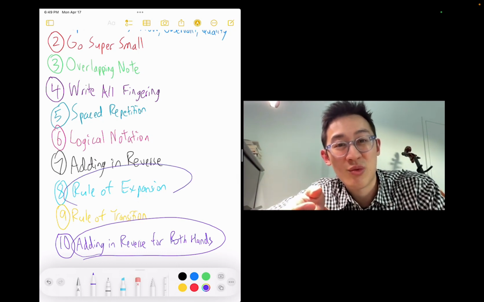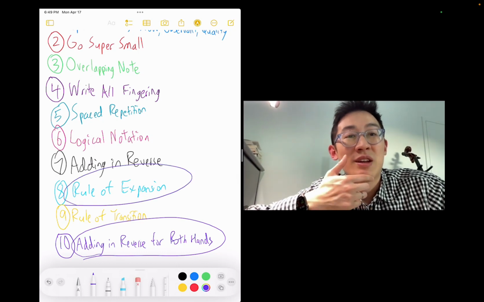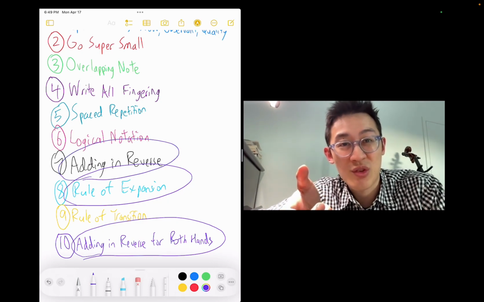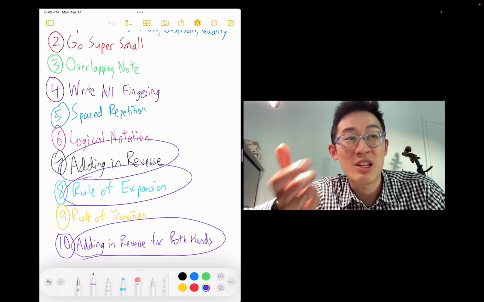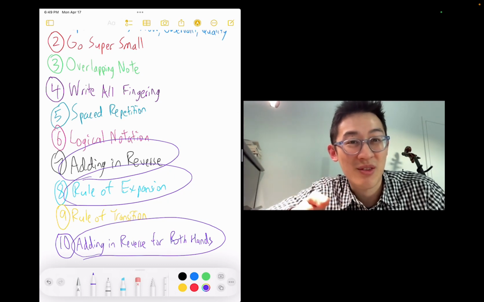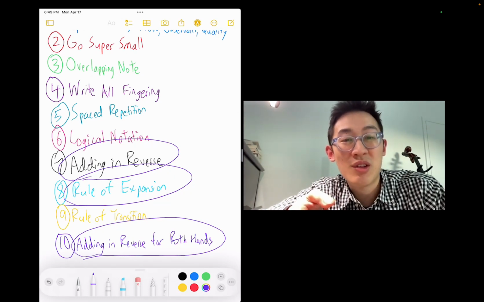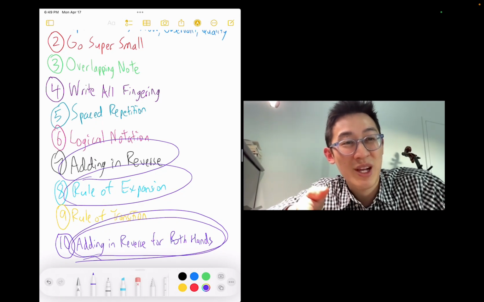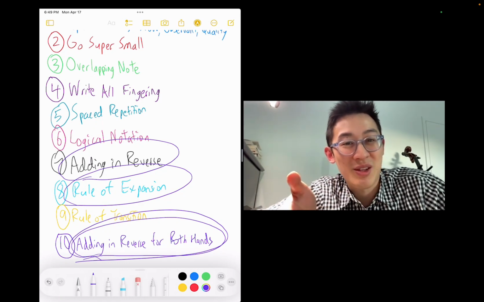That's basically this rule of expansion. That is distinct from this adding in reverse rule, which is the way that you solve any kind of separate hand sets. That's also distinct from this adding in reverse for both hands rule, which is the way that you solve both hand sets.